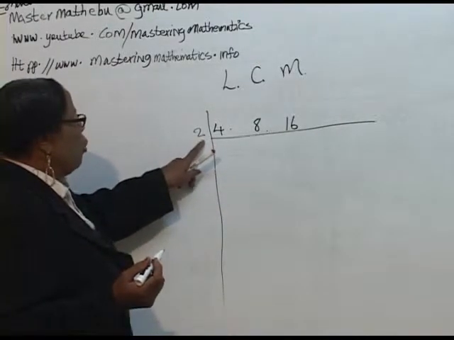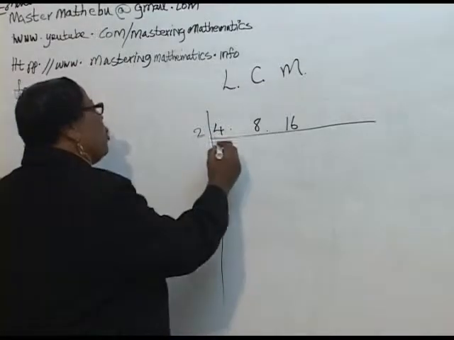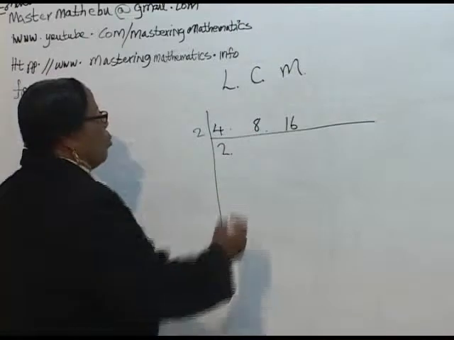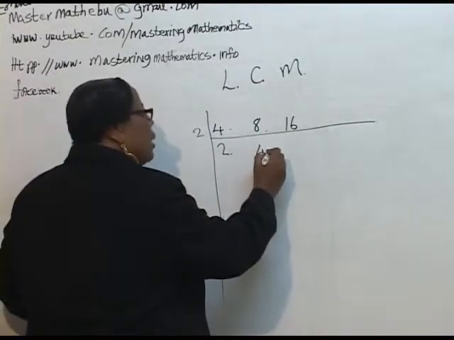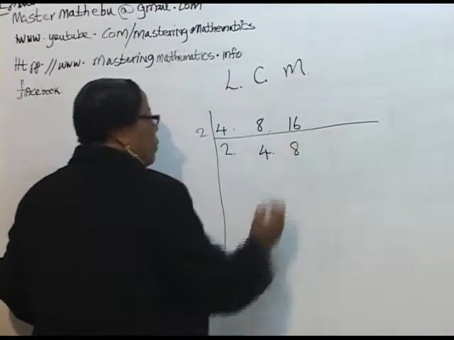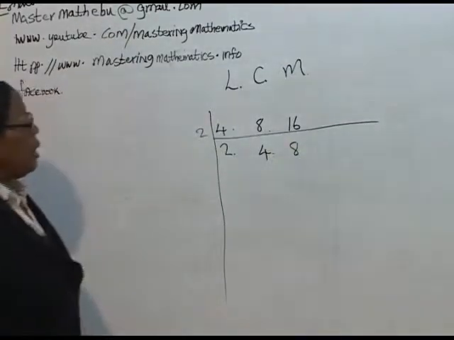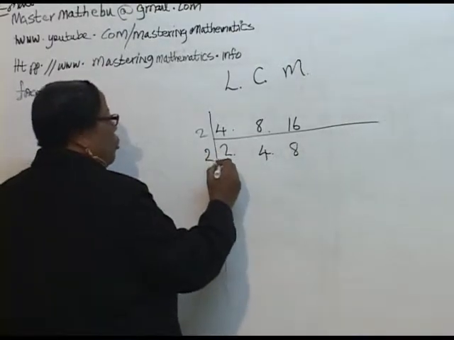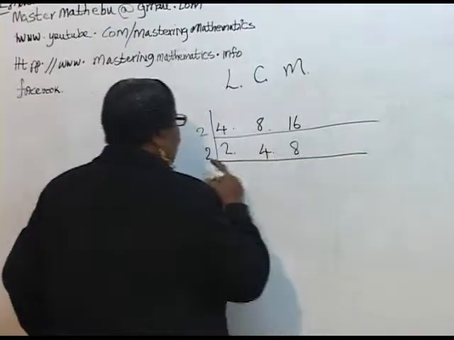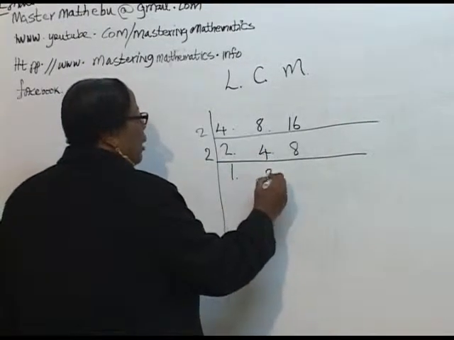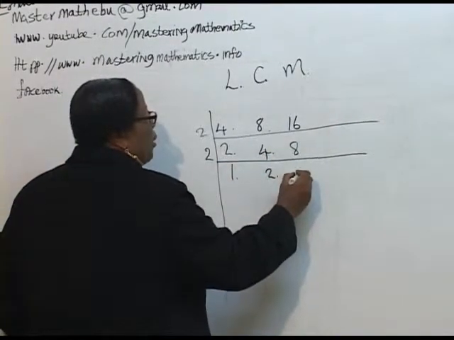We want them to do it in terms of our prime numbers, so they're going to be saying 2 into 4 goes 2 times, leave it like that. 2 into 8 goes 4 times, leave it like that. 2 into 16 goes 8 times. Can we use 2 again? Yes, and so you're saying 2 into 2 goes once, into 4 2 times, into 8 4 times.